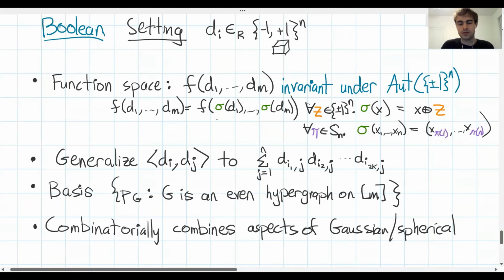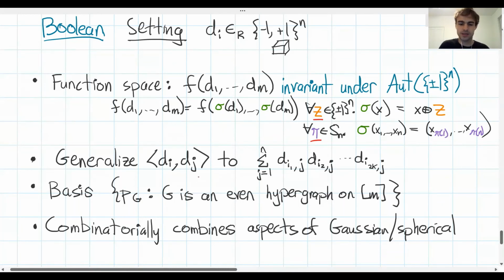What are the automorphisms of the hypercube? There are two types. The first is a bit flip, where you flip the bits by some z. The second is a permutation of the coordinates, where you apply some permutation pi on the coordinates of the input. So we are considering functions which are invariant under these automorphisms of the cube.